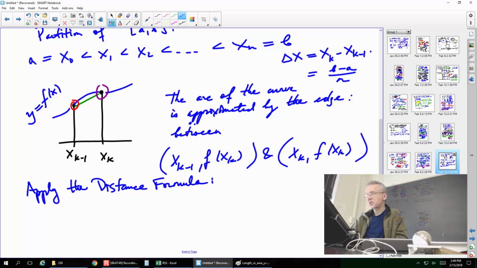So the distance is, remember, subtracting x's squared, subtracting y's squared. So this is what we're looking at. Coordinate-wise subtraction.